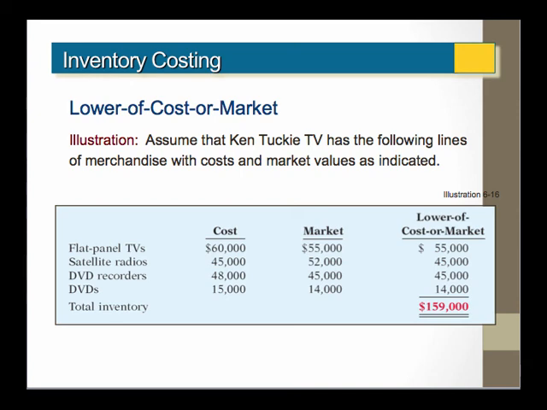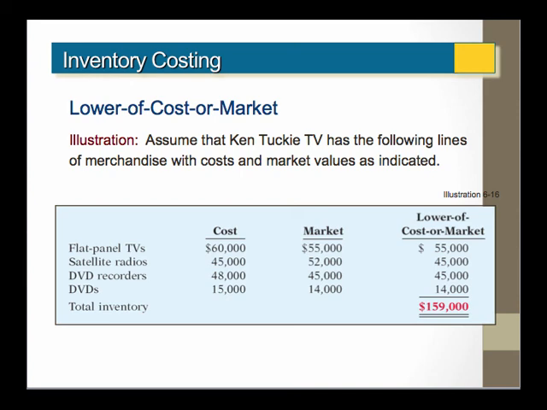When we look at the satellite radios, the cost was $45,000, but the market value was $52,000. So we're not going to change the cost because the cost was lower. When we look at DVD recorders, the $48,000 cost is higher than the market value, so we need to reduce the DVD recorder cost to the market value.